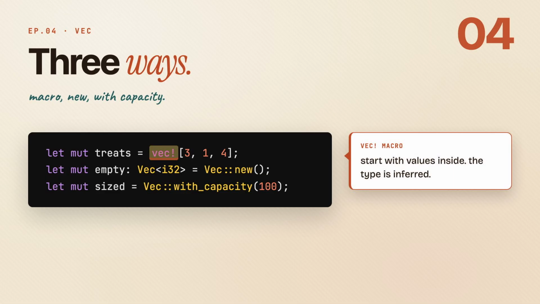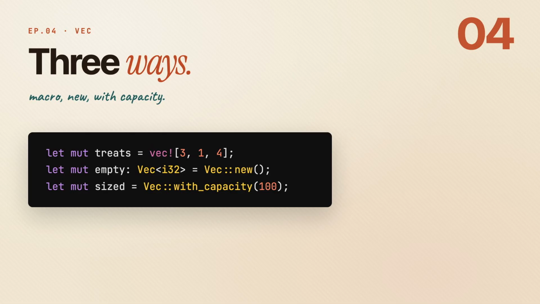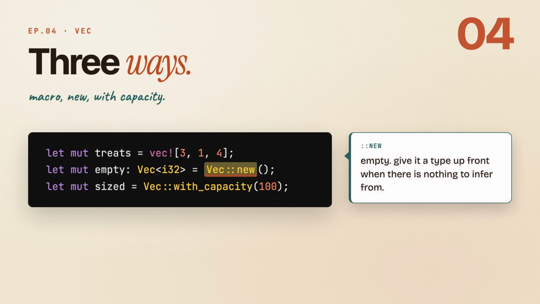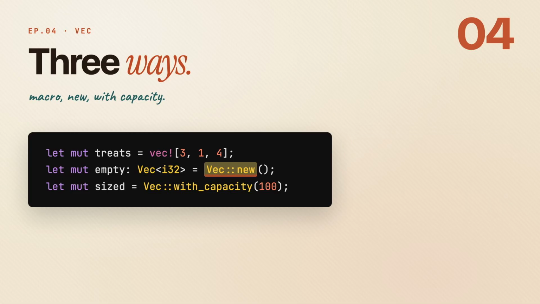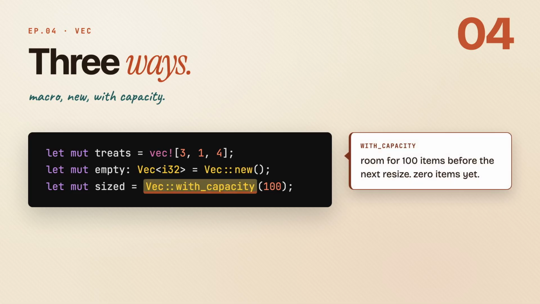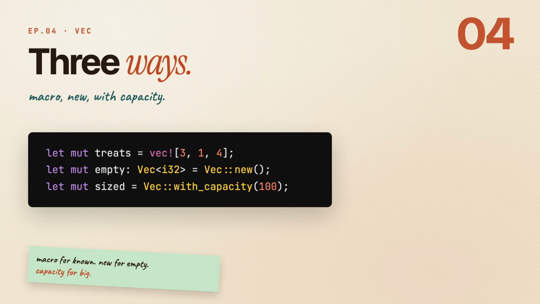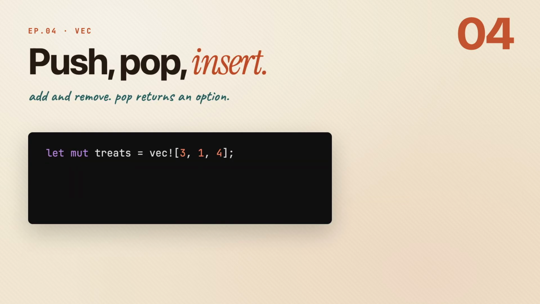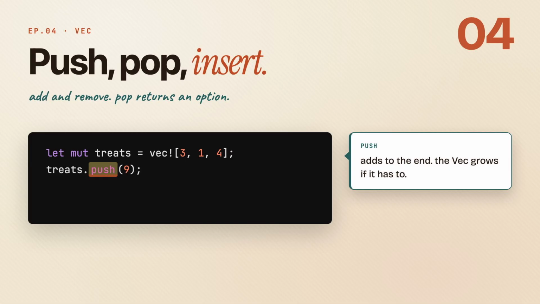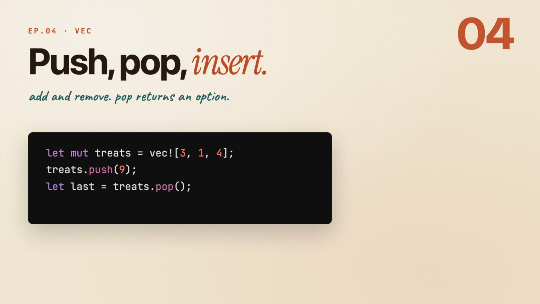The vec macro builds one with values already inside, the most common way. Vec::new builds an empty one. Tell Rust the type so it knows what can fit inside. With capacity, you reserve space up front. Use it when you know roughly how many items are coming. Push adds one item to the end, and the vector grows to fit it. Pop takes the last item.